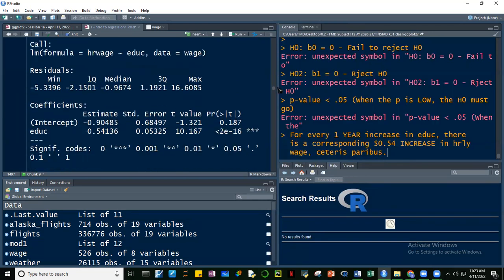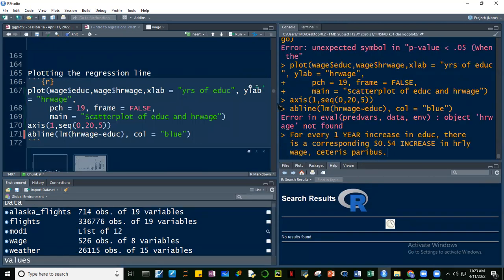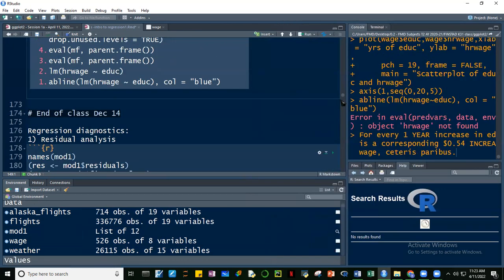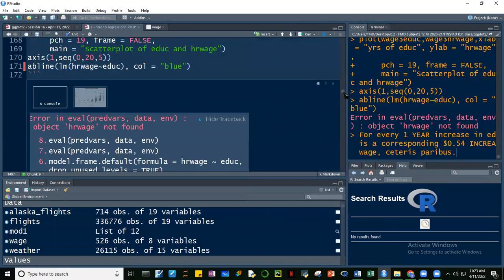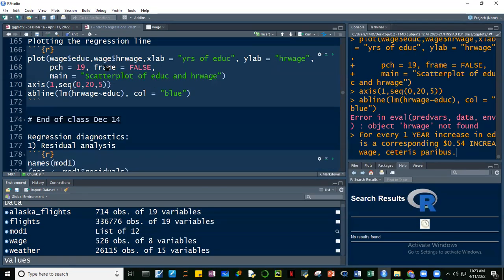So continuing. And then here we plotted the regression line, very quickly. Oops, what did I miss here? Data is equal to wage.